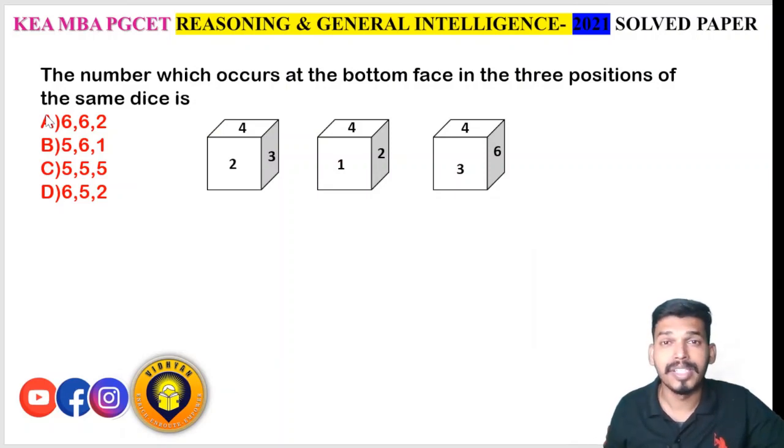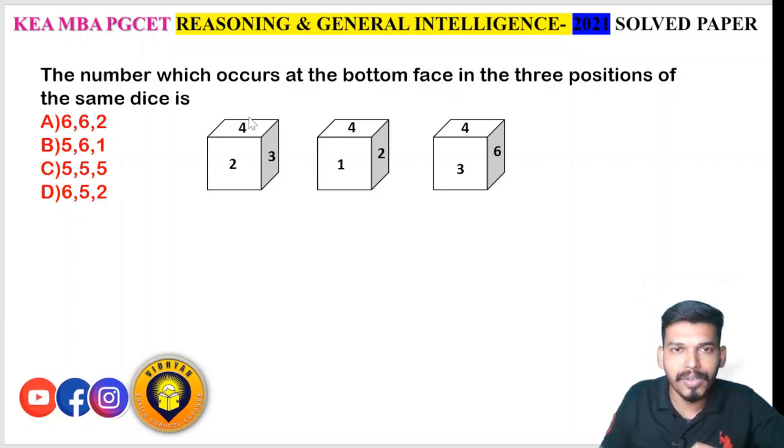The number which occurs at the bottom face in the three positions of the same dice is. Here 3 dice are given and they told you that these are the same dice. You have to find which number comes at the bottom face.